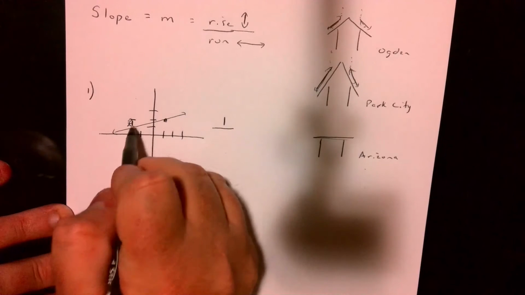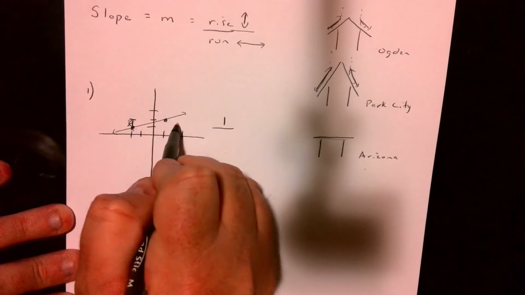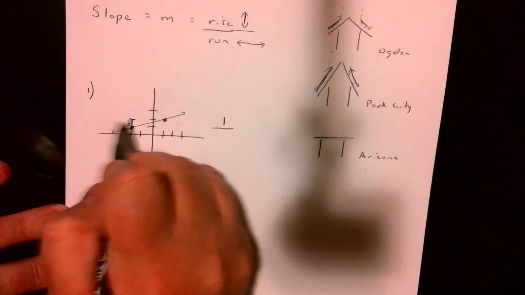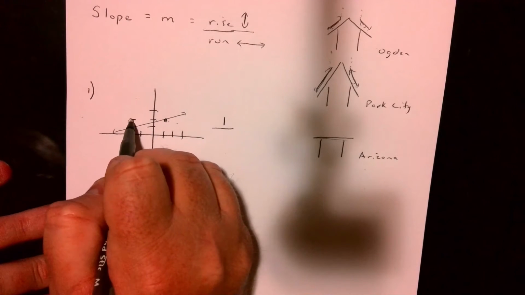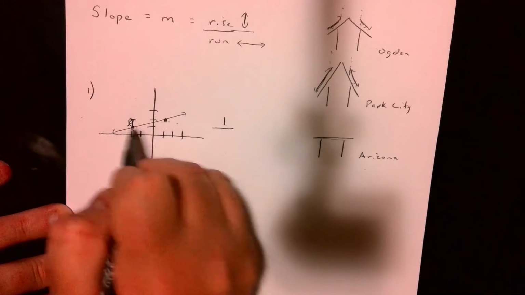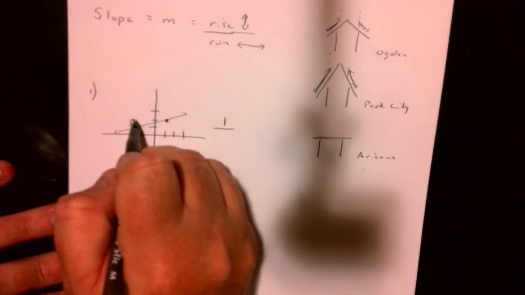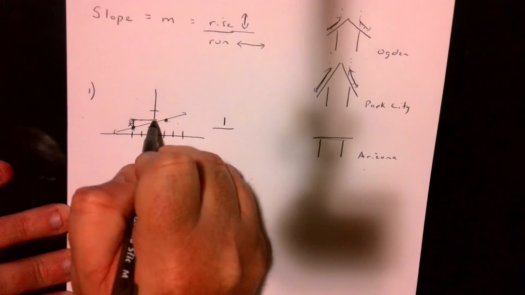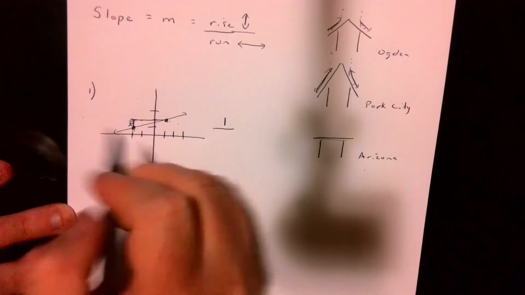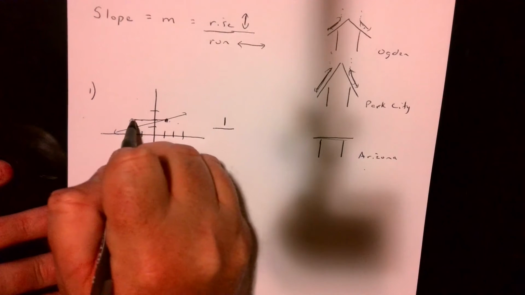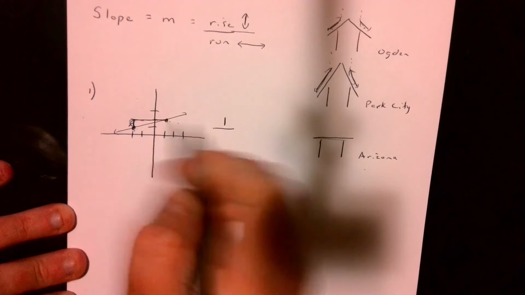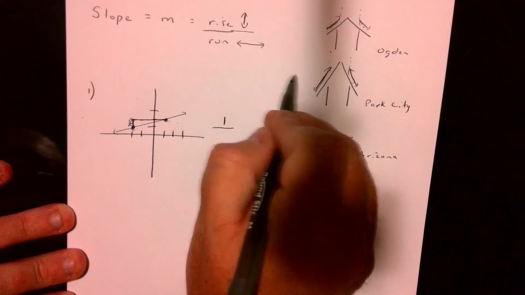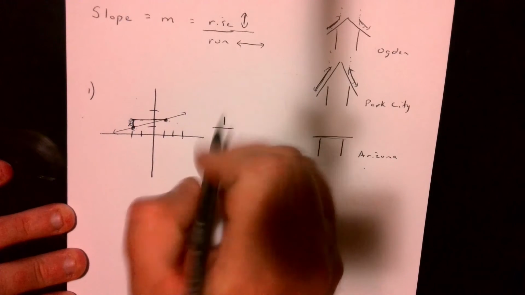But then he's got to run. He's either got to run to the right or to the left to get to that point. He's got to run to the right. How many times? Let's count our movements: 1, 2, 3 times. And if we go right on the number line, that's the positive direction.